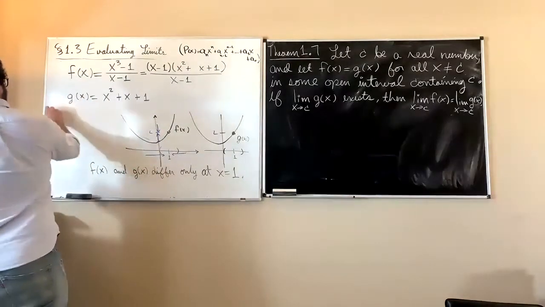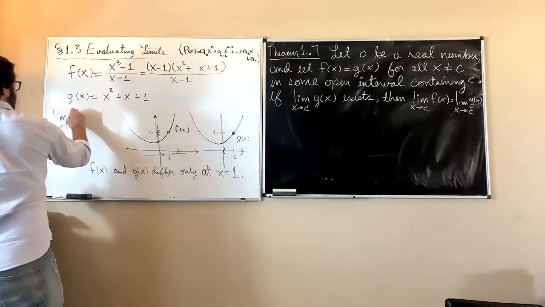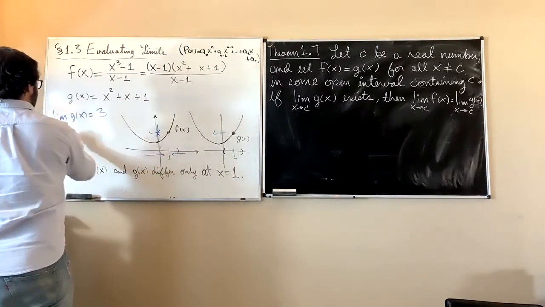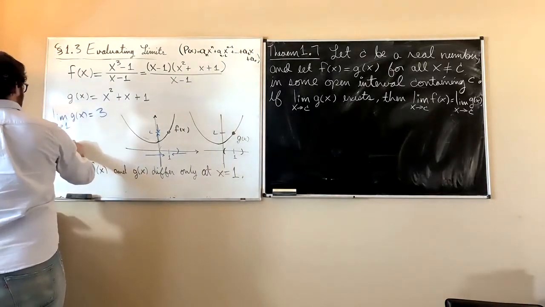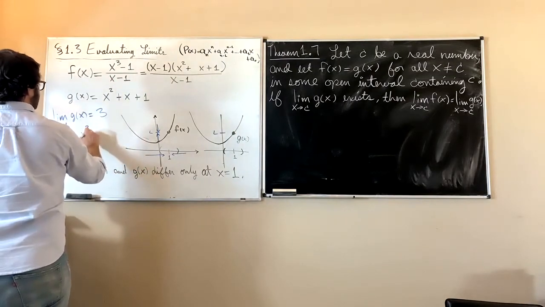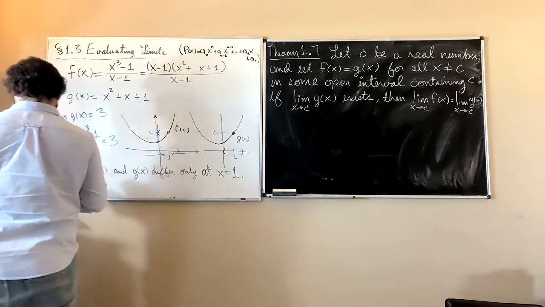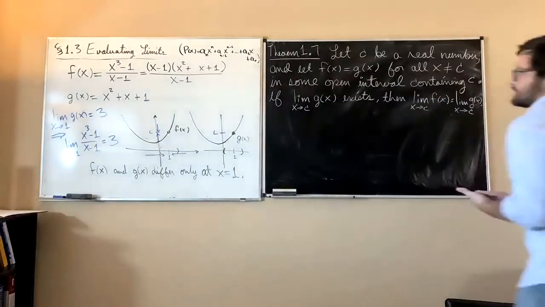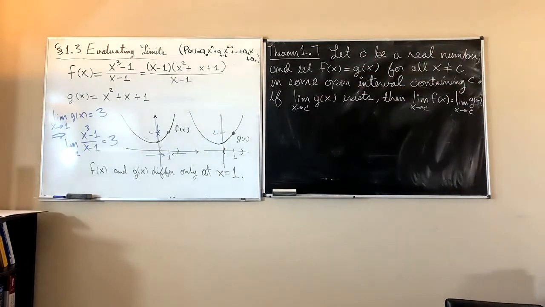So then the limit as x approaches 1 of g of x, in this case, is 1 plus 1 plus 1, so it's 3, which means by theorem 1.7, the limit as x approaches 1 of this statement here is going to be equal to 3. So it's an application of this theorem with that function f.